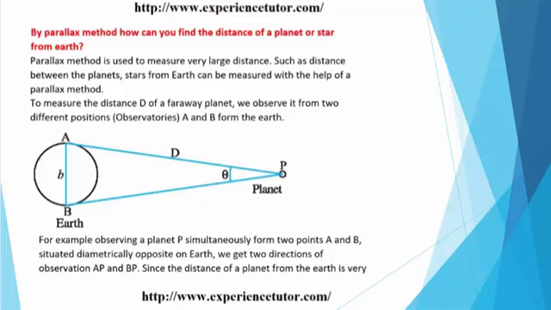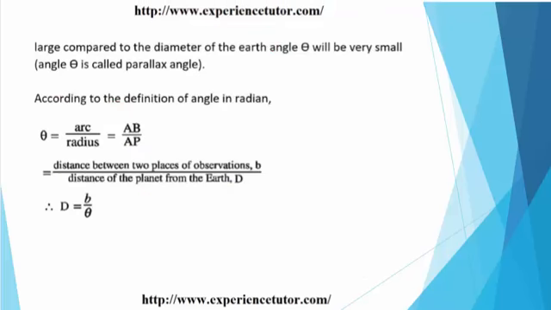According to the definition of angle in radian, theta is equal to arc upon radius, which is equal to AB upon AP, that is the distance between the two places of observation, b, upon the distance of the planet from the Earth, that is D. Therefore, D is equal to b upon theta.